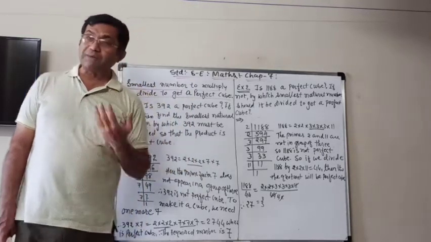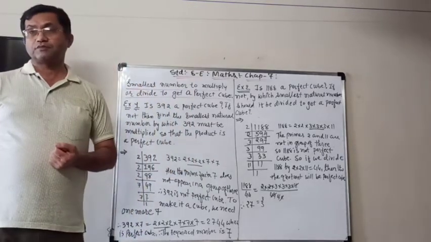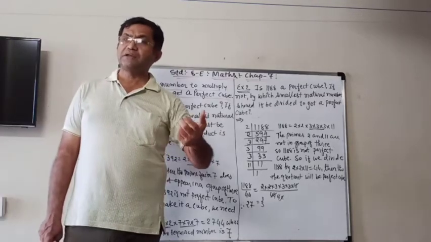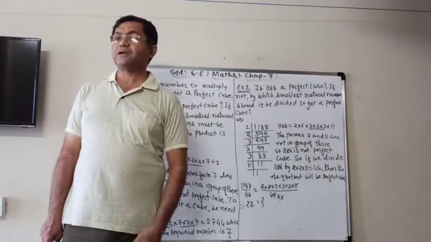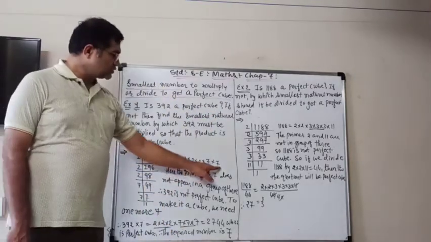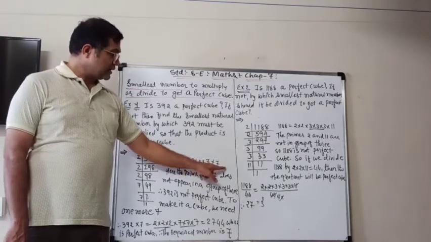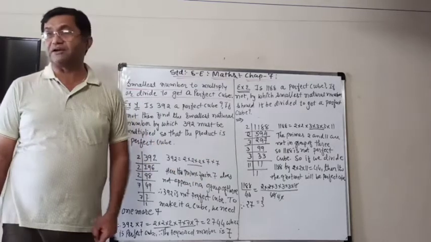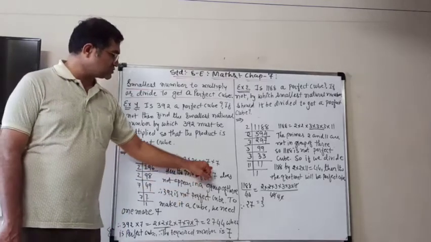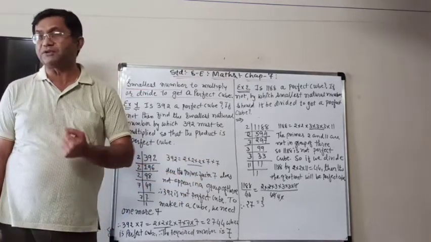So now, what must we do? With which number must it be multiplied so that the product will be a perfect cube? Here you can see that there are 2 sevens. It means that if there was one more 7 in the prime factorization, then both the factors 2 and 7 would be in groups of 3.